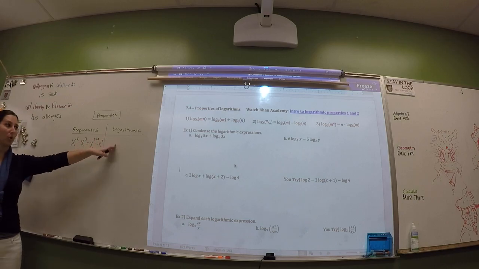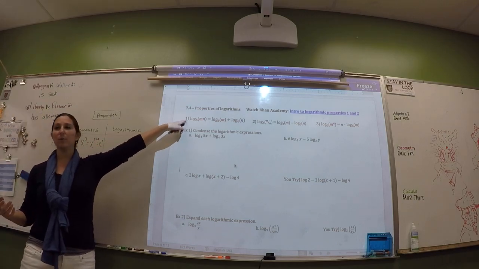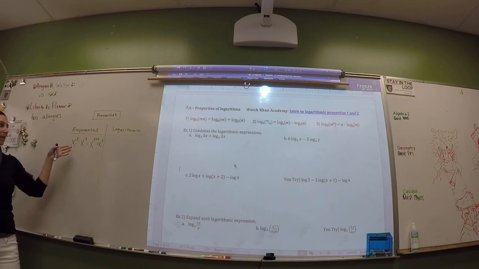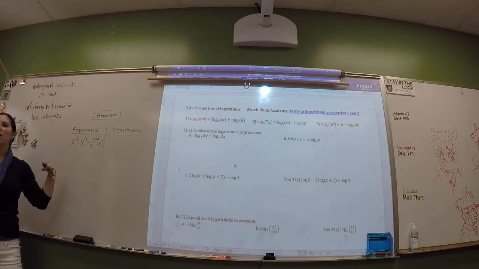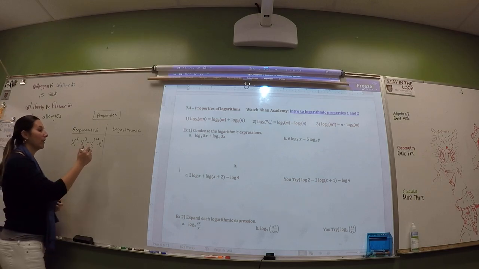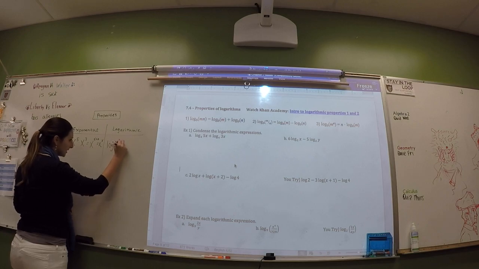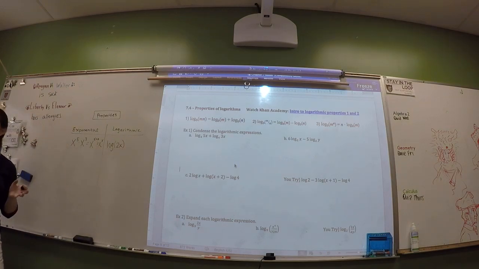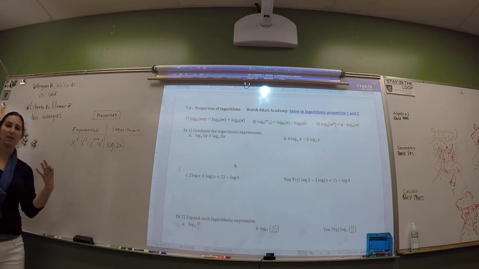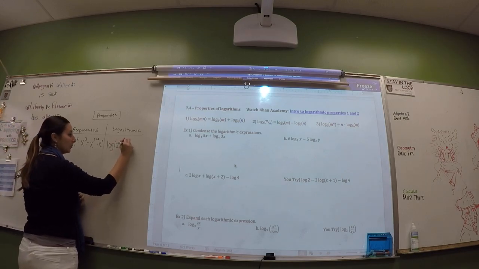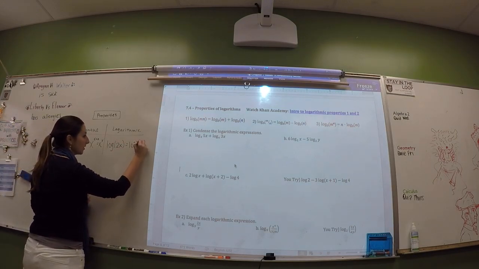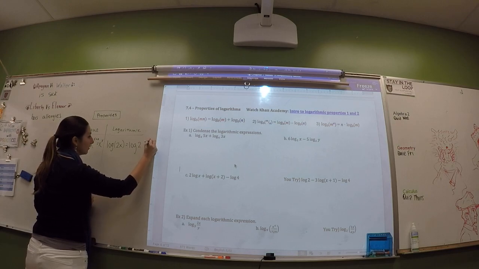The product property of logarithms, which is this first one, number 1, comes from this property. Since logarithms are inverses of exponential things, it looks kind of backwards, but it's the same idea. With logarithms, a logarithm of a product of two things, 2 and x, I can split up into two logarithms, the log of 2 plus the log of x.